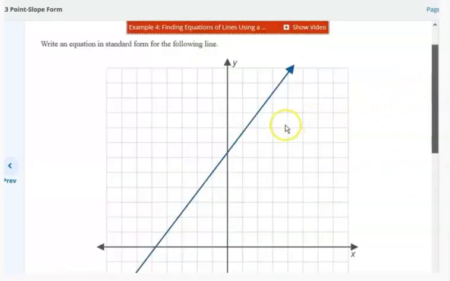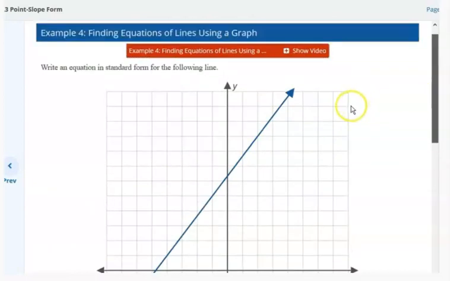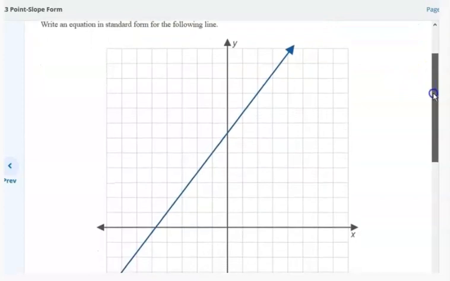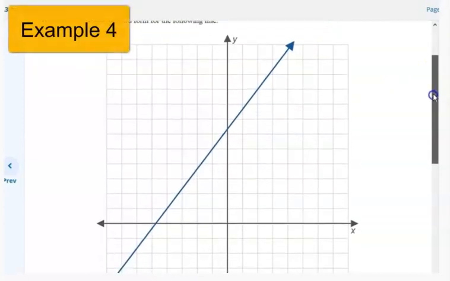See what in example 4, we're asked to look at a graph and then see if we can come up with an equation for that graph. Now, there are different ways to do it.